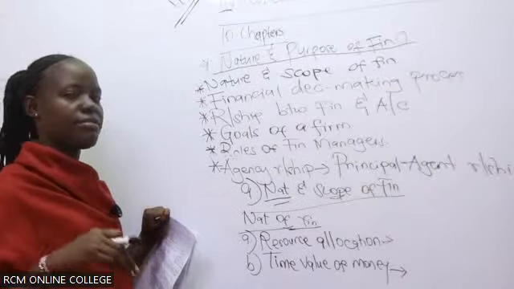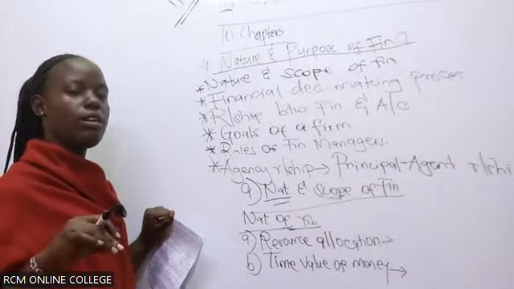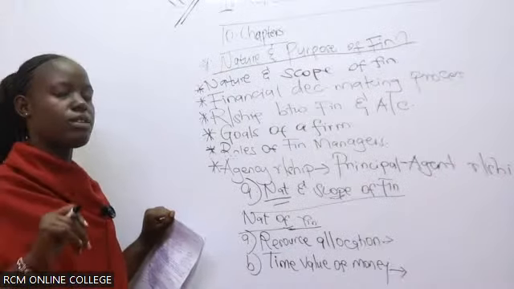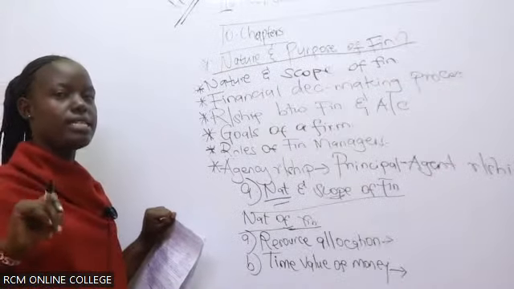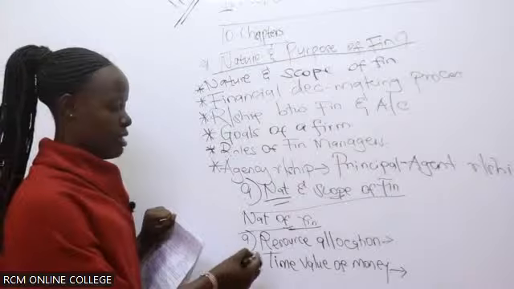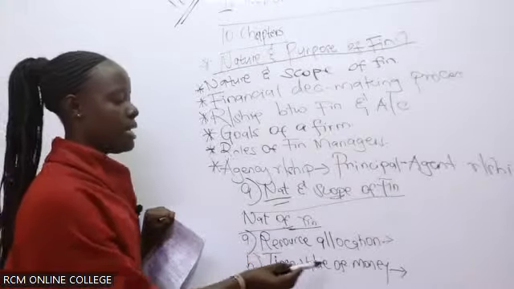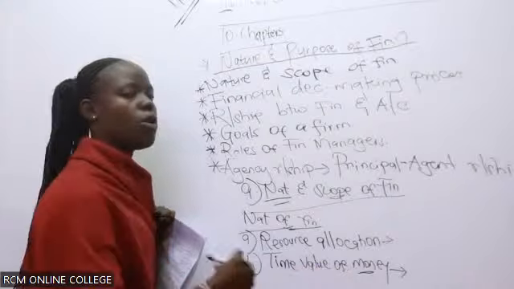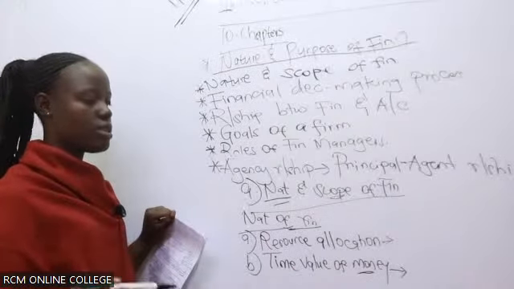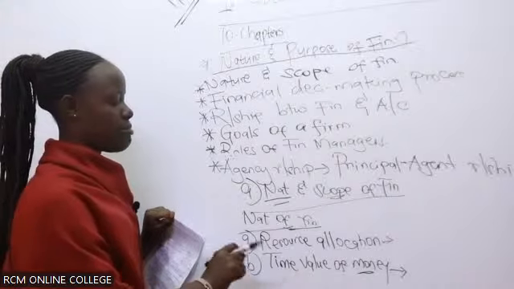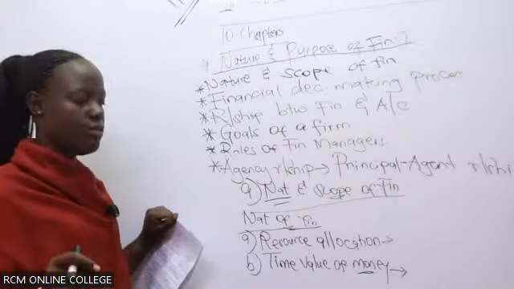This simply means that the value of a currency today, or the value of a shilling today, will be totally different to the value of the same shilling, let's say, come tomorrow. So investors or the finance managers believe that money loses value over time. As time goes, the value of a currency reduces. And that's what we mean by time value of money.